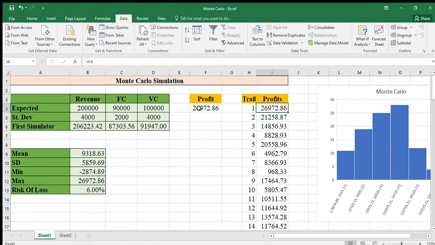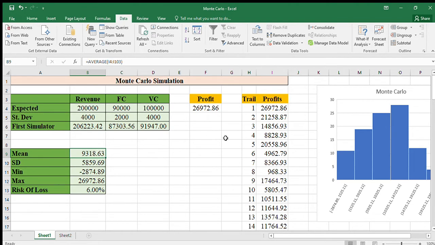Profit we copied from here. How did we get profit? We took the first simulator, revenue minus variable cost minus fixed cost. Basically, this is what is for the simulator. We will be taking a random number around 2 lakhs plus or minus 4,000, since we gave that standard deviation.